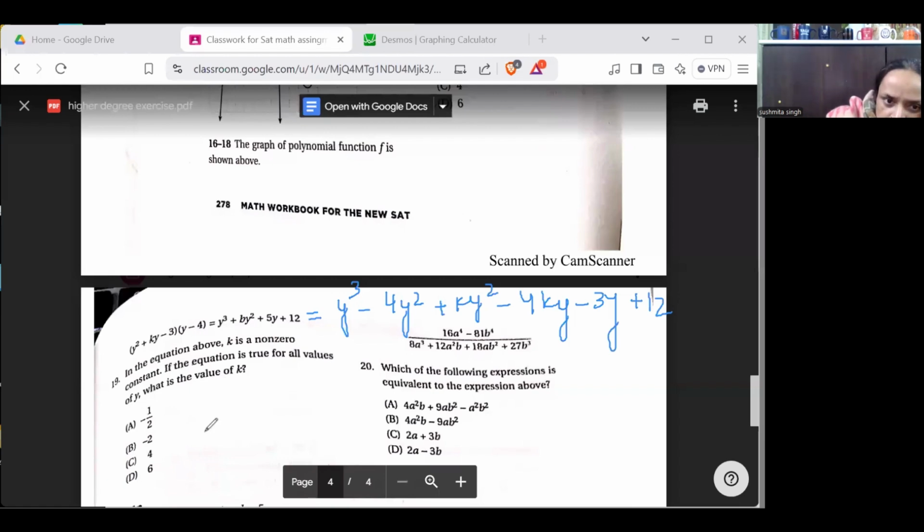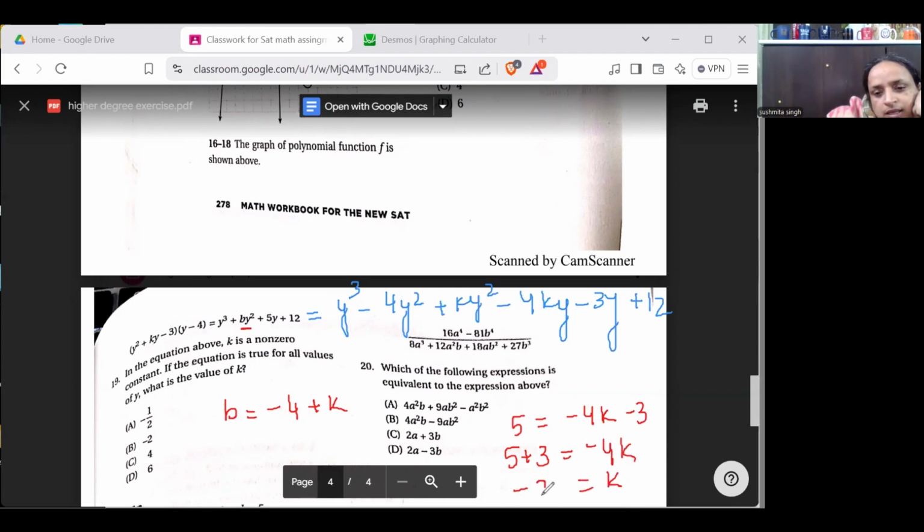So over here, the coefficient of y squared would be minus 4 plus k, but it will not be helpful in finding the value of k. So next we equate the coefficient of y, which would be minus 4k minus 3. So take 3 to the other side, 9 plus 3. That is going to be minus 4k. So k is going to be negative 2.